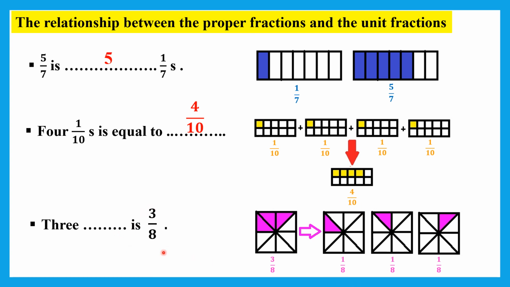We have to obtain 3/8, but you have to use 3 equal fractions. So you have to use the suitable result. The suitable answer is 1/8. 3/8 is made from three 1/8s. Okay, now you can do exercise 9.2.